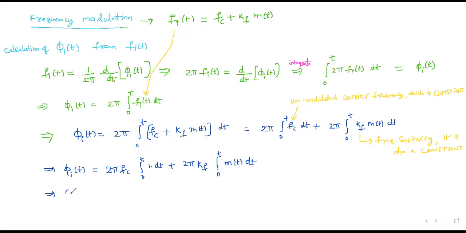So we are almost done. Phi i of t is equal to 2 pi into fc into integral 0 to t 1 dt, which is t, plus 2 pi into kf into the integral of m of t dt. I cannot simplify this until I substitute a specific value for m of t.